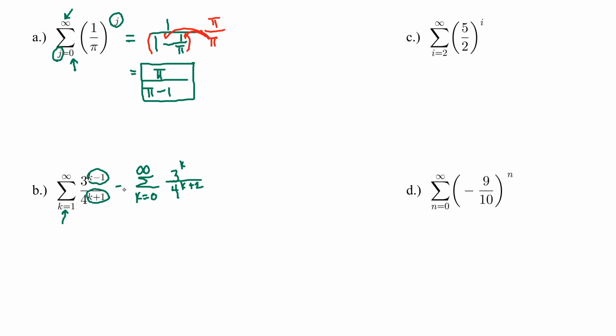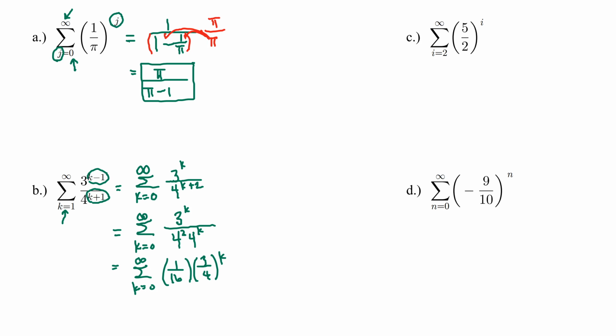Now let's go ahead and split up that exponential in the denominator. We could rewrite this as 3 to the k, I'm going to switch positions here, 4 squared times 4 to the k, or the sum from k equals 0 to infinity of 1/16 times 3/4 to the k.